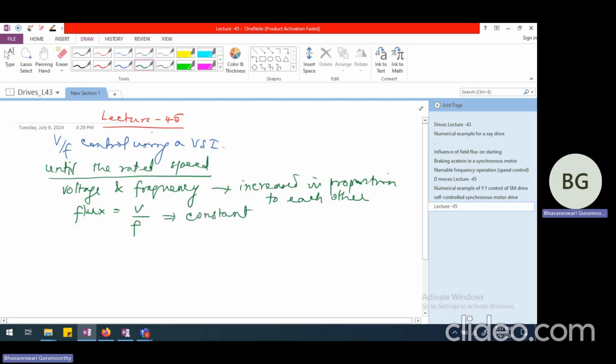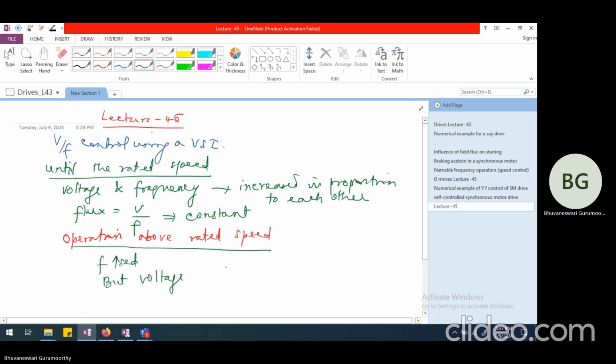Whereas if we are looking at operation above rated speed, whenever we want to have operation above rated speed, then we necessarily need to increase the frequency. The frequency will be increased, but voltage will be frozen at rated value.